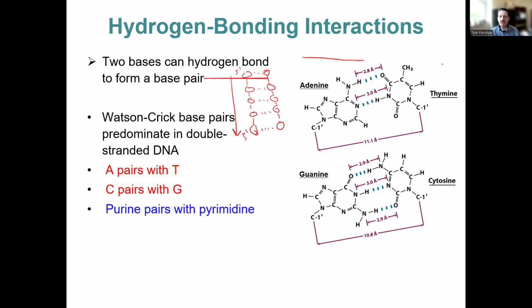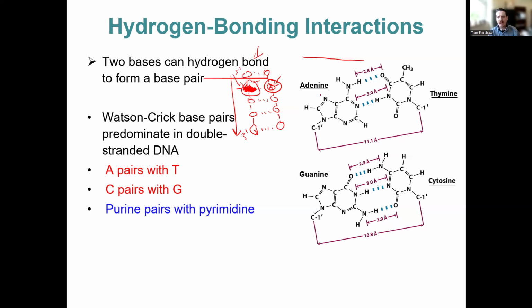Because if you've got these pairs here and something were to happen to one of them, since we already have this one, let's say this one is an A, we know that this one must be a T. So the cell can read, hey, this is an A, this one's missing, but it must be a T, so I can put in a fresh T. So it adds data redundancy, which is good, but we need to make sure that they always line up correctly. And what's responsible for this are hydrogen bonds.